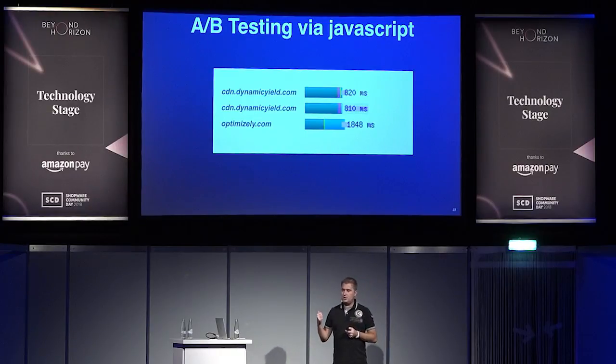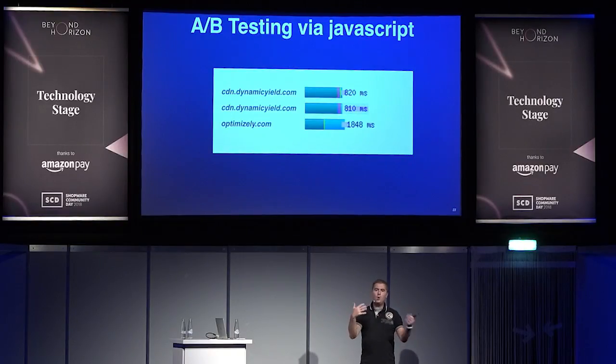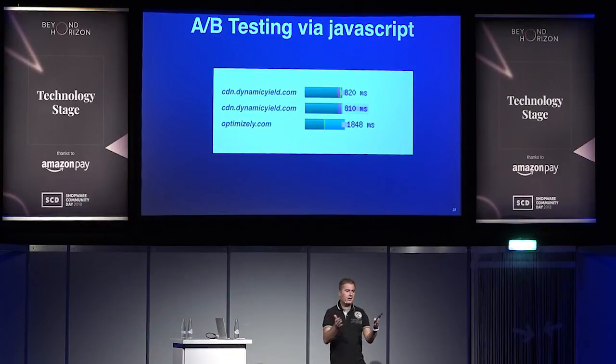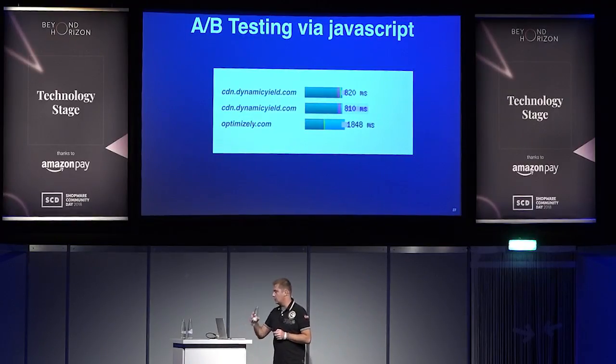Because basically what this does is you have to spend the render time of both versions, but only one will be displayed for the customer. In terms of performance, this is very, very bad, and we should not do so. And there are all kinds of really good solutions.